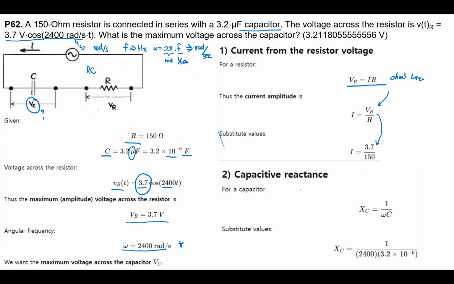Then the capacitive reactance is given by 1/omega C, Xc is given by this one.